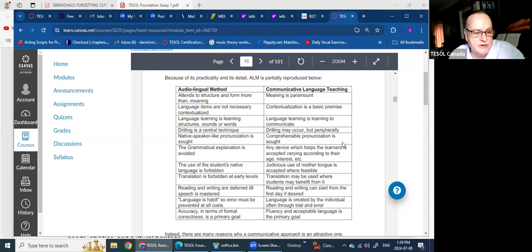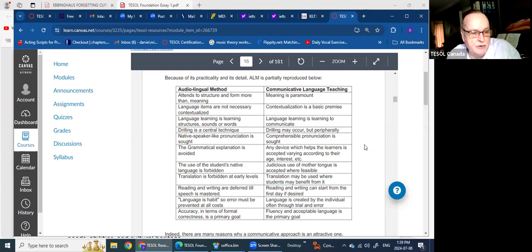You'll find this in the TESOL manual, and I would suggest that you copy this chart, even print it out so that you have it as reference. That's what I did. I printed this page right out of the manual and kept it as a reference so I could refer to it when I was writing my assignments and essays.